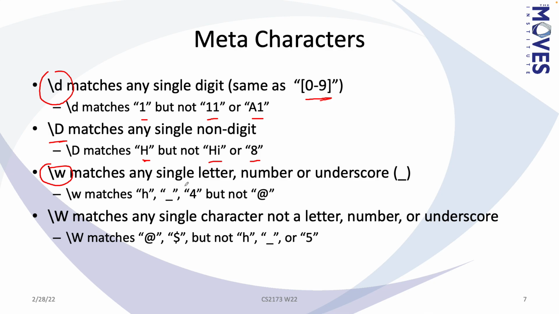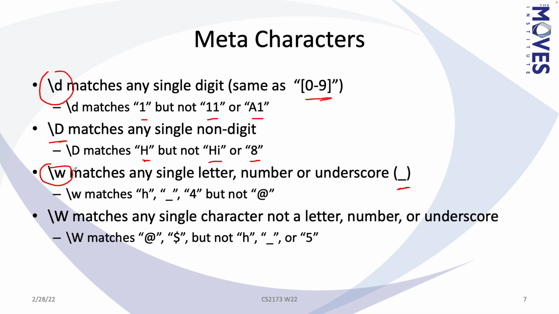They probably should have made it L, but the problem with that is that a lowercase l on the computer looks an awful lot like 1. So the w is for word, except it doesn't match a word, it matches only a letter. But it matches letters, numbers, or underscores.